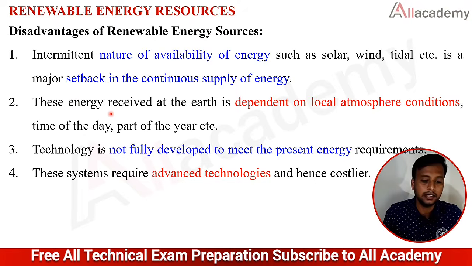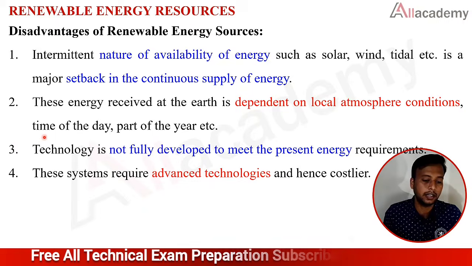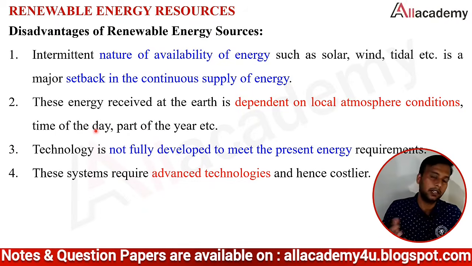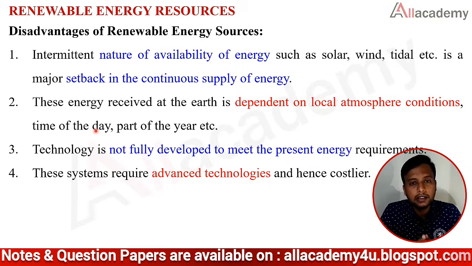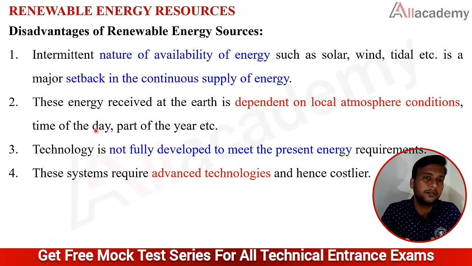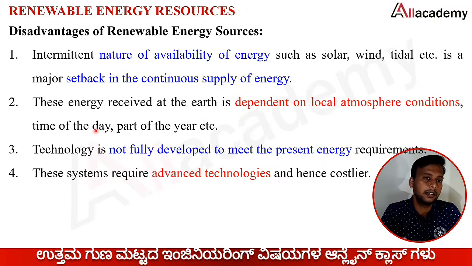The energy received at the earth depends on the local atmospheric condition, time of the day and part of the year. These sources vary from one place to another. For example, in desert areas the sunlight is greater when compared to forest areas, so we cannot extract as much solar energy in those kinds of areas.